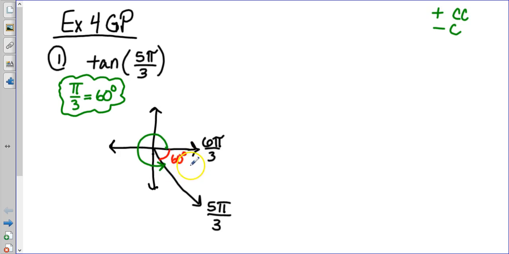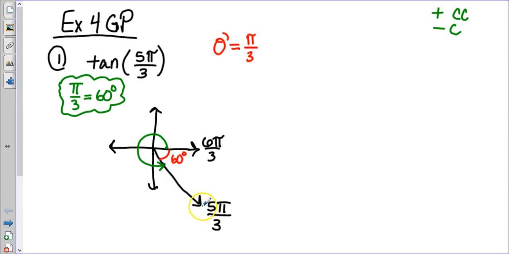I ultimately would like you to write, instead of 60 degrees, I would like you to think pi over 3. But for me, sometimes I could say to myself, well, I'm going to say 60 degrees here, but if Ms. J asked me what's the reference angle, I'll write pi divided by 3.